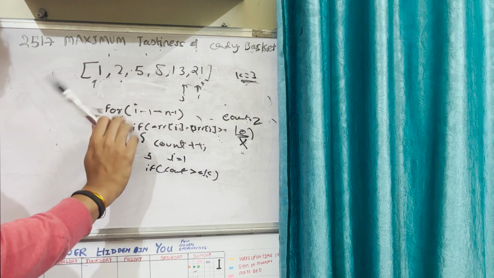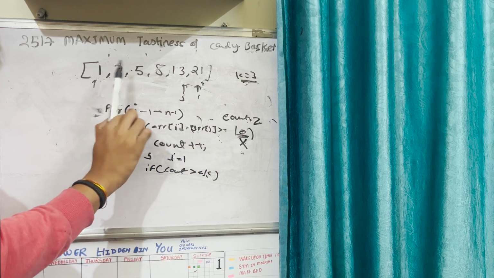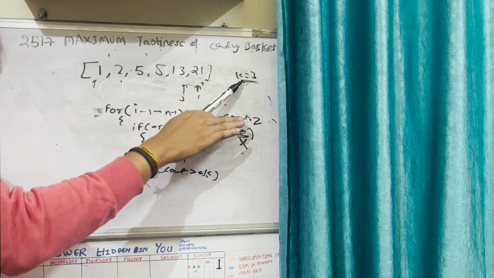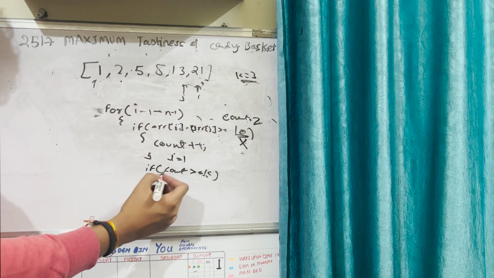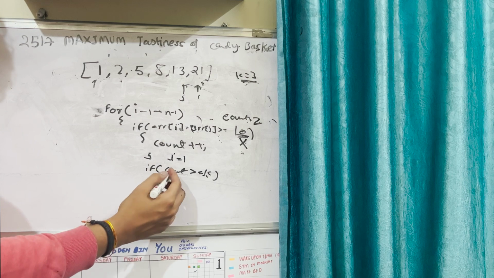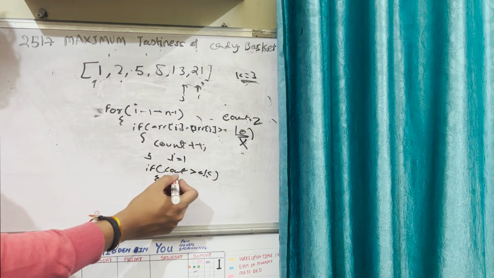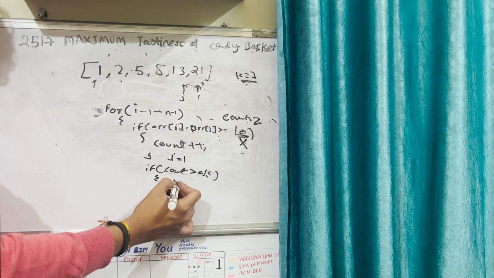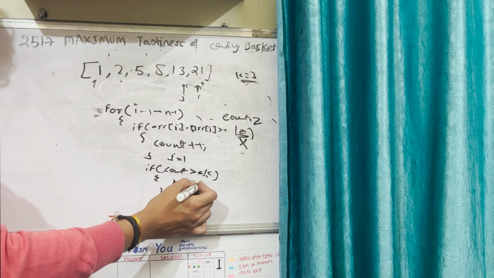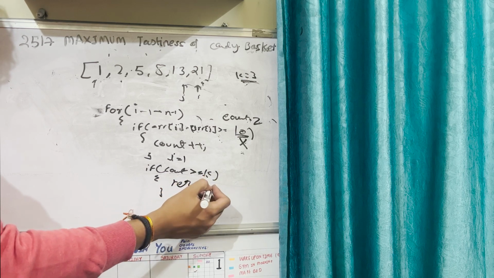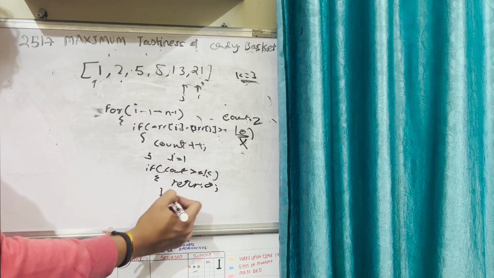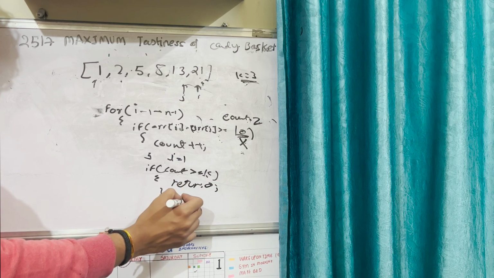Here there is no such difference of 10; we found 1 and 13, not 3 elements, only 2. So what we did is, we found 2 elements, so this is not possible, and we will return 0, or return the flag false, whatever you want to say. If this is not the case, then we'll return 1, yes, it is possible.